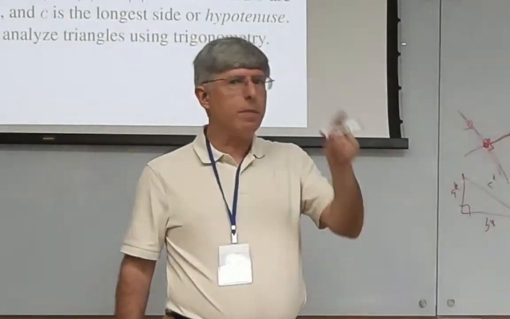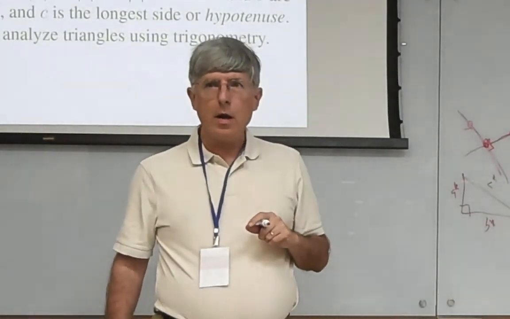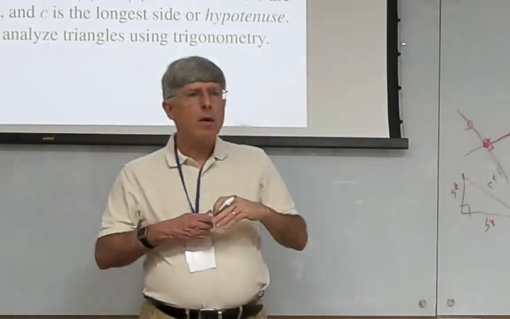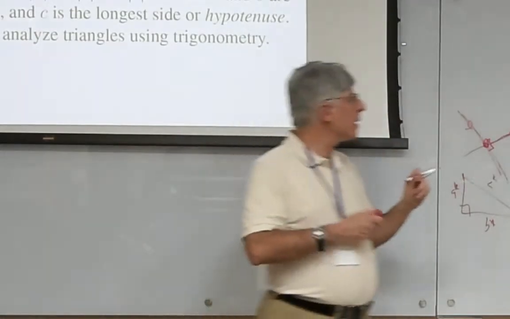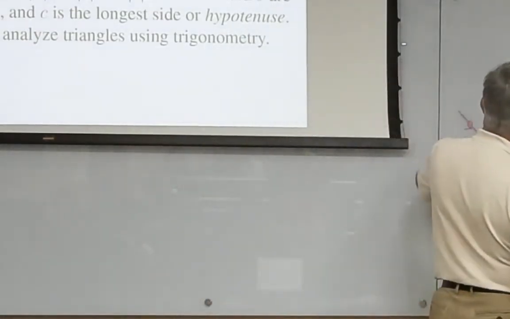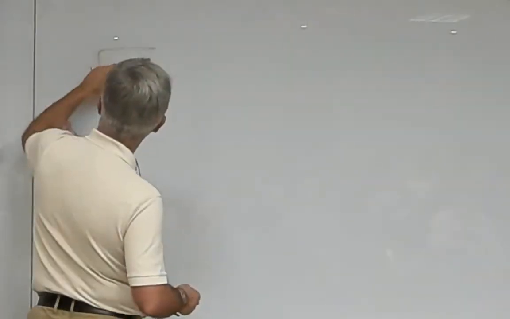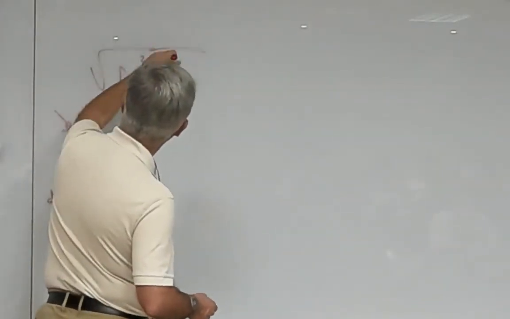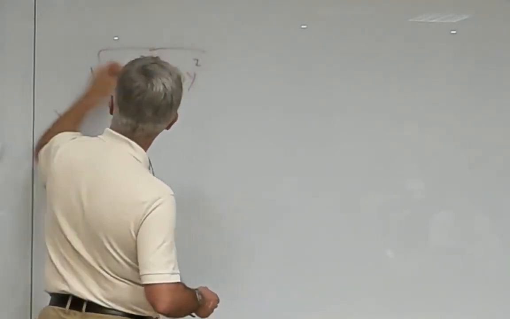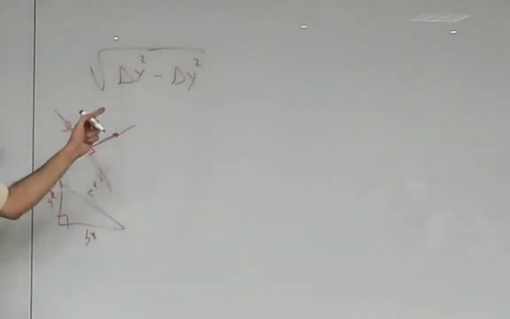How many people here know about distance metrics that are not Euclidean? In fact, I'm pretty sure people have heard about this. To measure the distance between points, what is the formula people typically use? You're used to seeing delta x squared plus delta y squared, the square root of that, as the distance between two points.